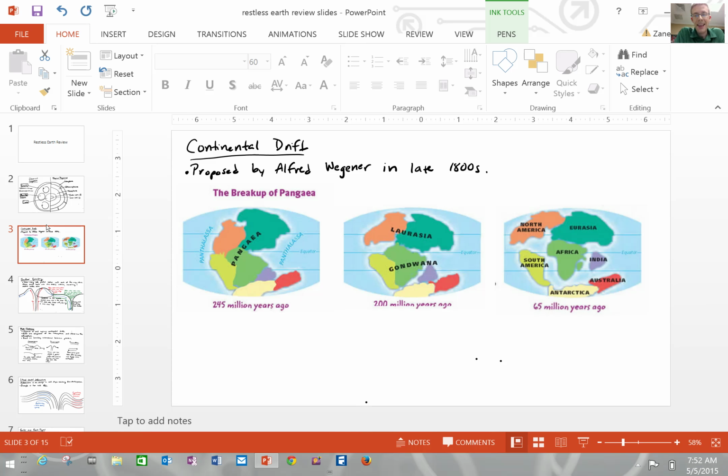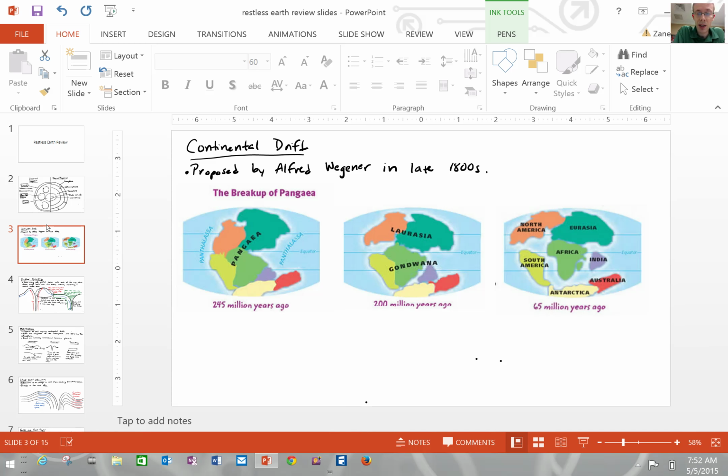And then about 135 million years after that, we start to see the continents starting to assume the shape that we have come to know on our globe. And then 65 million years after that, we have where we are today, which, if you can imagine the Earth as it looks today, you can see this natural drifting apart that is called continental drift.